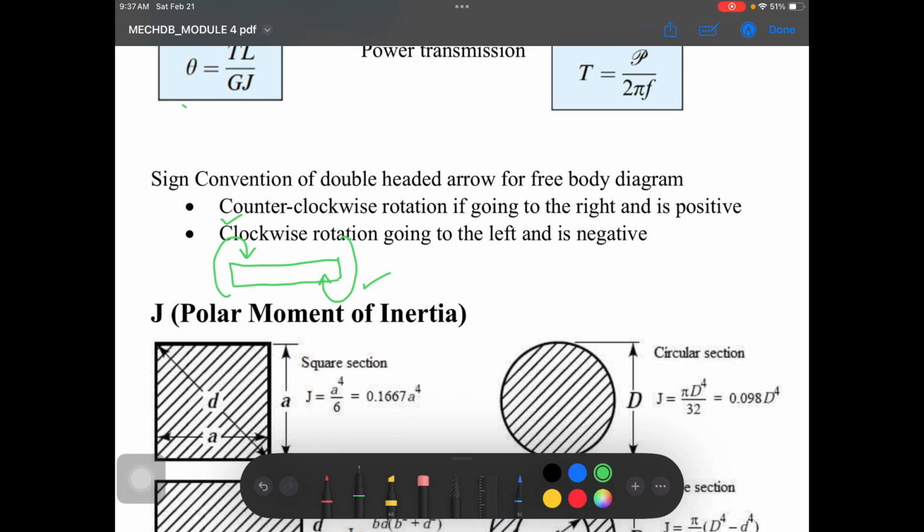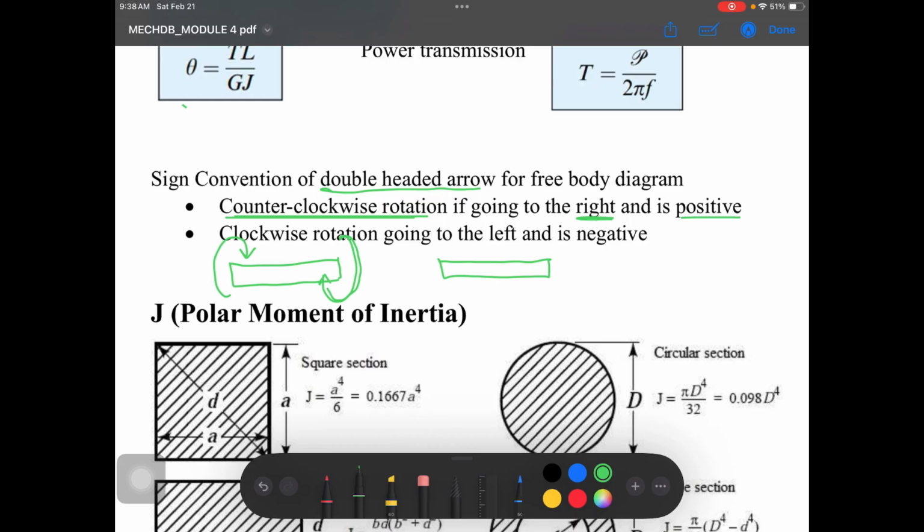So, nakakalito kung ganyan yung symbolism, no? So, kapag nag-free body diagram tayo, we use a double-headed arrow. So, kapag counterclockwise rotation, this is positive and going to the right, no? Counterclockwise, positive pa din tayo. So, ang double-headed arrow mo nun is to the right.